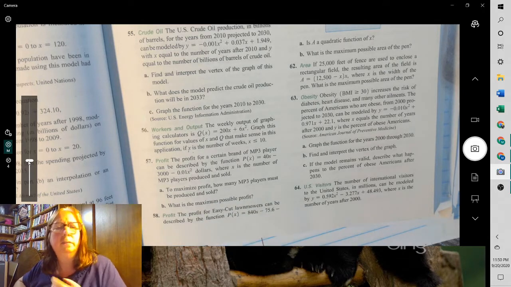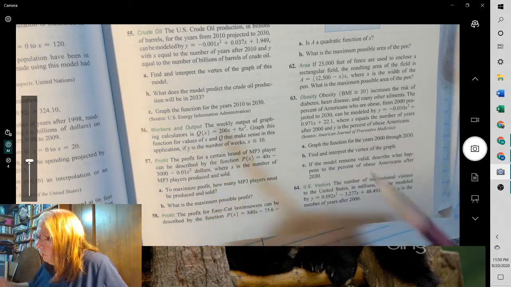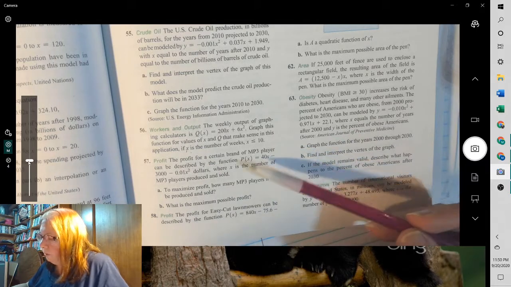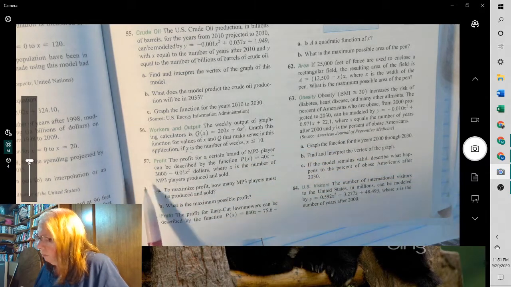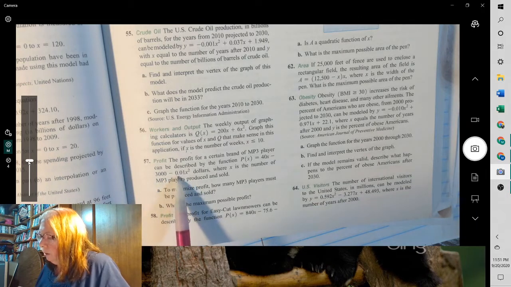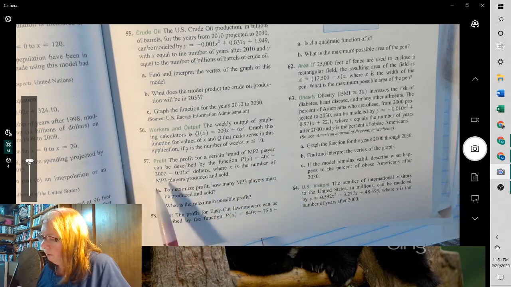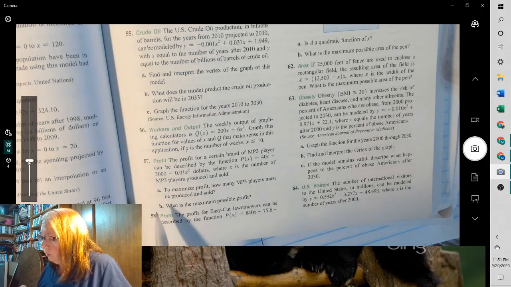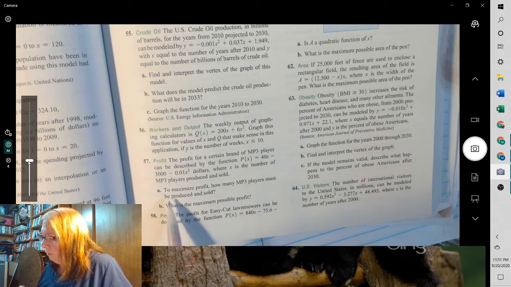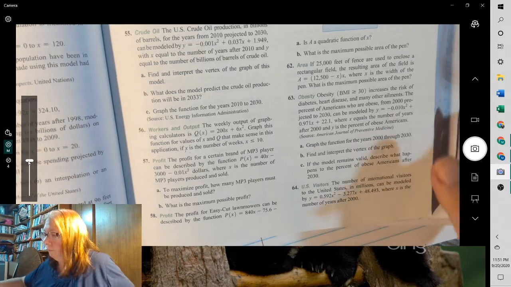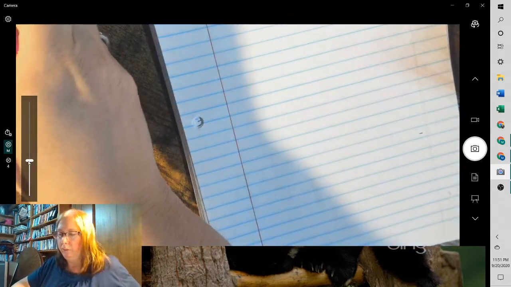says, the profit for a certain brand of MP3 players can be described by this function, 40x minus 3000 minus 0.01x squared dollars, where x is the number of MP3 players produced and sold. To maximize profit, how many MP3 players must be produced and sold, and what is the maximum profit? So let's look at our equation.